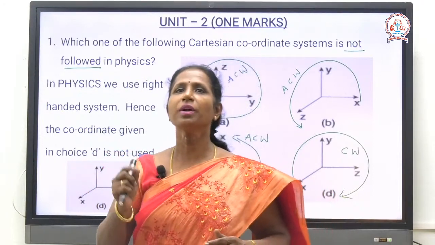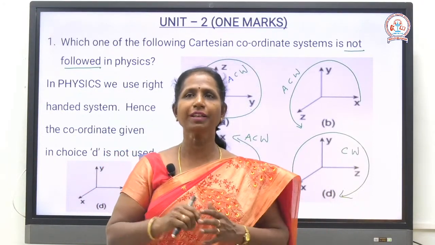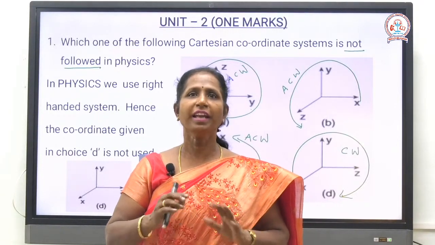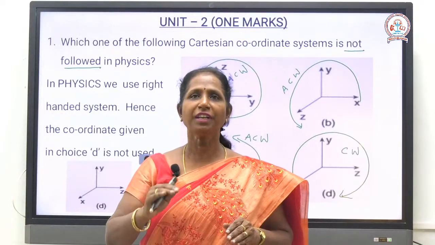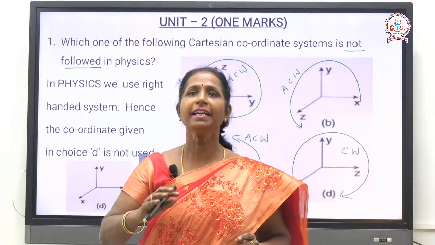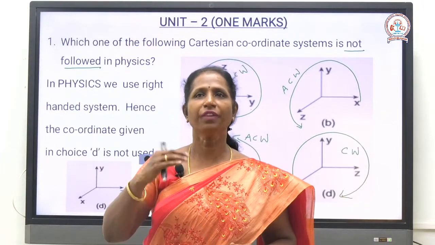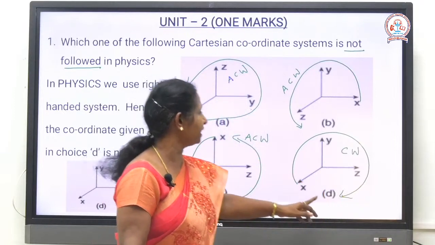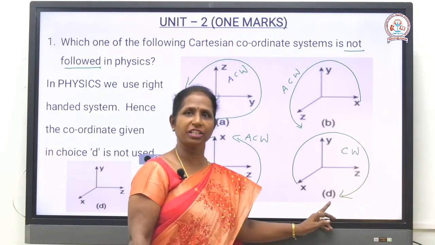So which one of the following Cartesian coordinate systems is not followed? That is the question. We do not follow the left hand coordinate system. We generally follow the right hand coordinate system. The left hand coordinate system is clockwise direction.